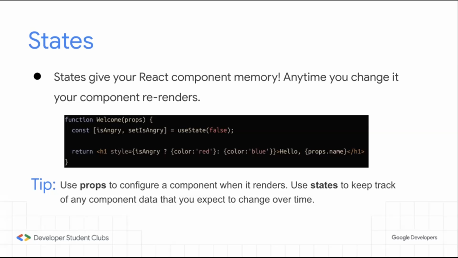You see, if I was to make a car class and I change the color to blue, for example, it will change just that car object. But in React, if I was to change a car component's color to blue, it will re-render that car, but it will also re-render all of its parents.